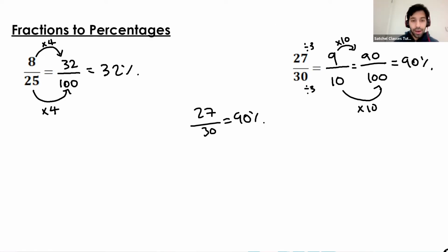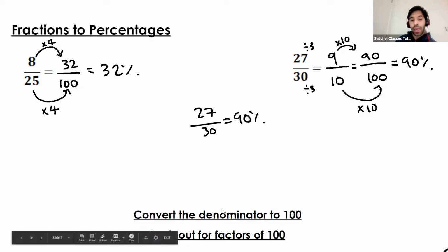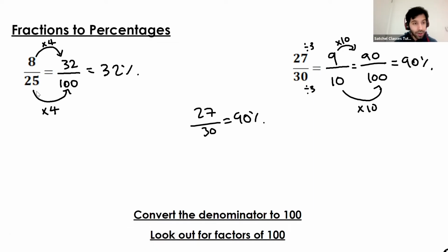So key facts to remember is when we're converting fractions to percentages, we need to convert the denominator into 100, and then we need to look out for factors of 100. Is our denominator a factor of 100? Or can we convert the denominator into a factor of 100? Because once you have a denominator that's a factor of 100, you can convert that denominator into 100.